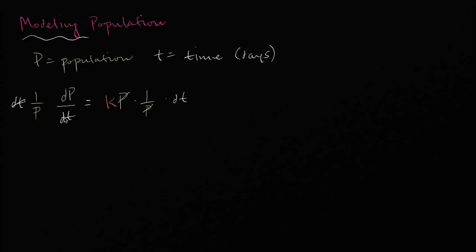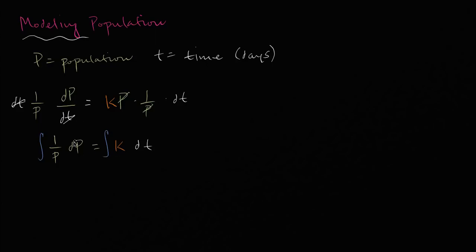And when we do that, we would be left with 1 over P dP is equal to k dt. Now we can integrate both sides.